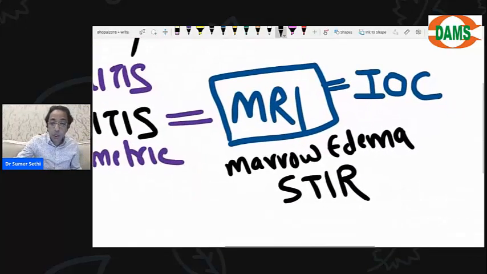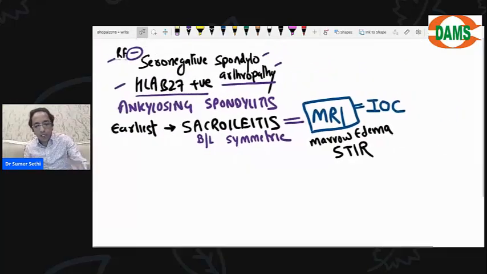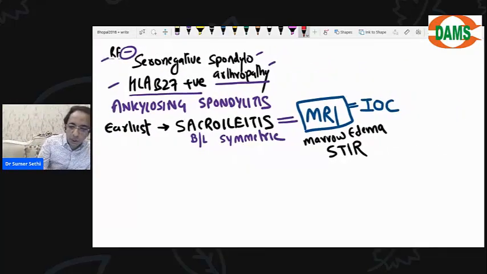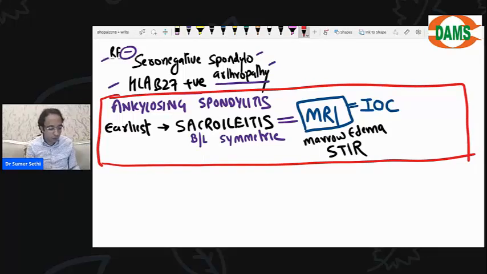Are you able to recall? I told you, if there is inflammation in the bone, there will be edema in the bone marrow. To see that, we need to suppress the fat by a technique called STIR. So I am sure now you are able to follow why not X-ray? Because X-ray cannot pick up ankylosing spondylitis early. That is why you see people in your hospitals advising MRI for ankylosing spondylitis.